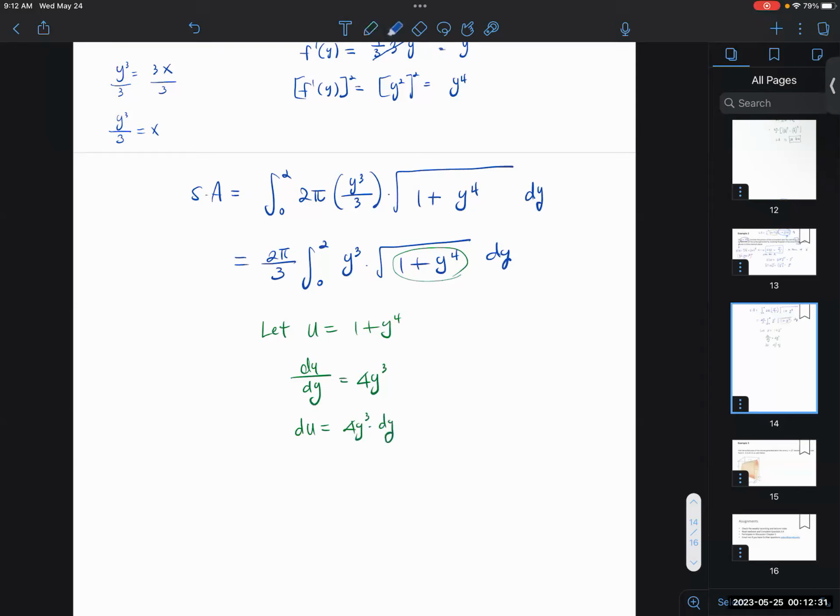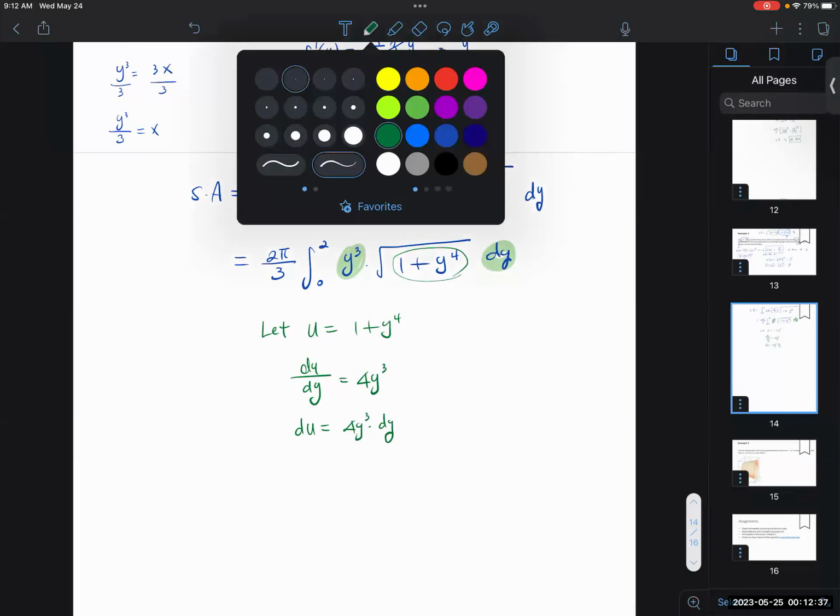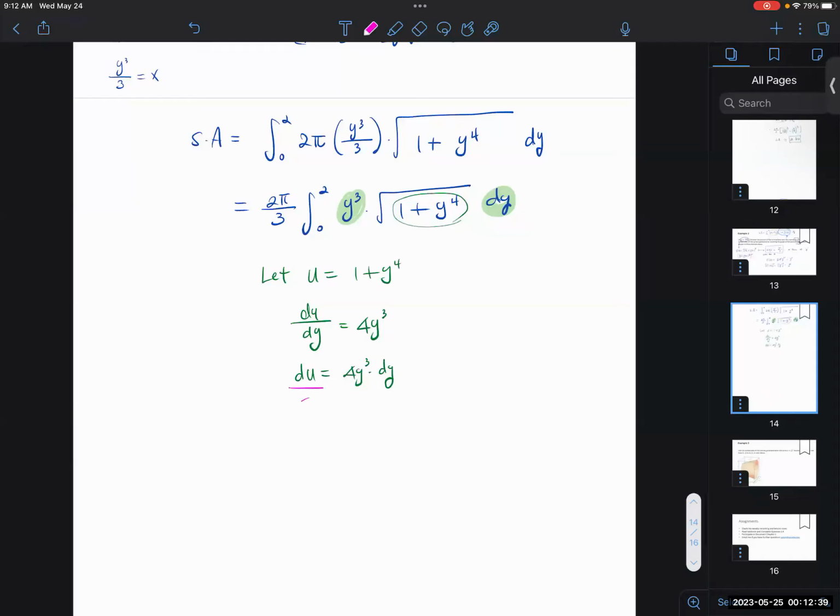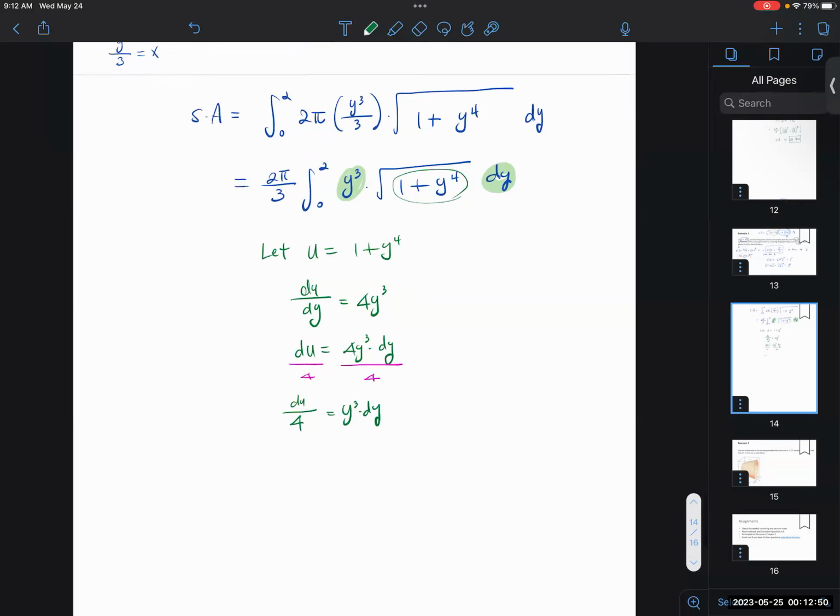Then I want to find out what y to the third times dy is. So first, I'm going to divide by 4. That would be du over 4 equals y to the third dy, because the 4 cancels.